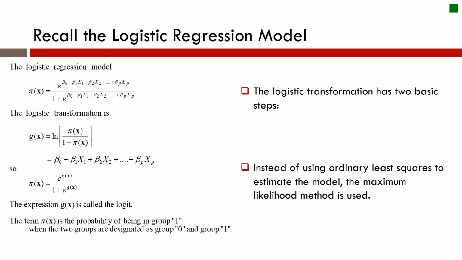So just recall that the Logit model will actually have two different stages that are relevant here. First, the model that'll be created will be this model here, which is g of x.